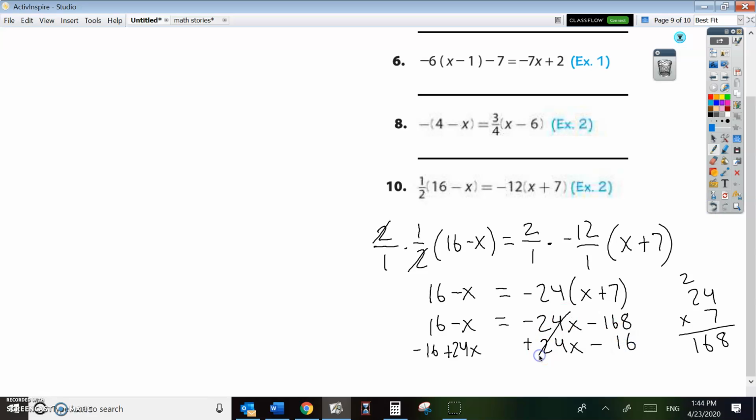Okay, these 24x's cancel and these 16's cancel. Negative x plus 24x is 23x equals negative 168 plus negative 16. So 168 and 16. So 8 plus 6 is 14. Looks like negative 184.